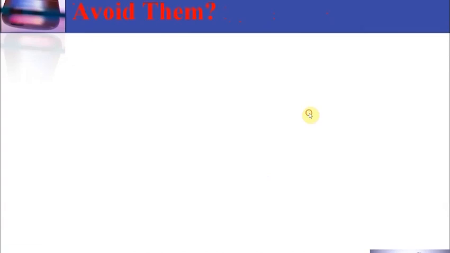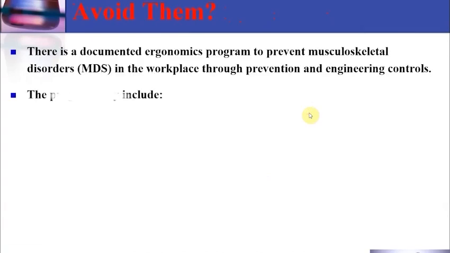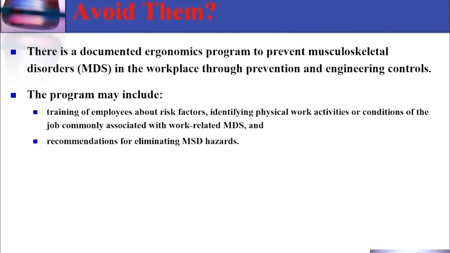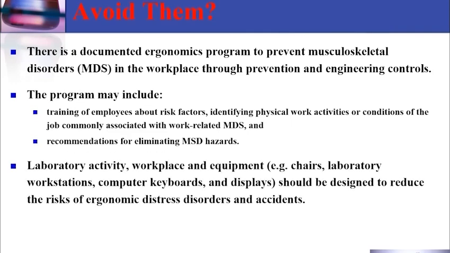Next, we're going to talk about how to avoid them. There is a documented ergonomic program to prevent MSD in the workplace through prevention and engineering control. The program will include the following: training of employees about risk factors, identifying physical work activities or conditions of the job commonly associated with work-related MSD, and a recommendation for eliminating MSD hazards.